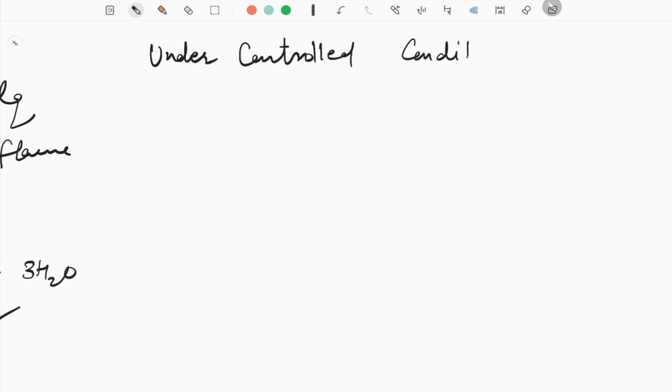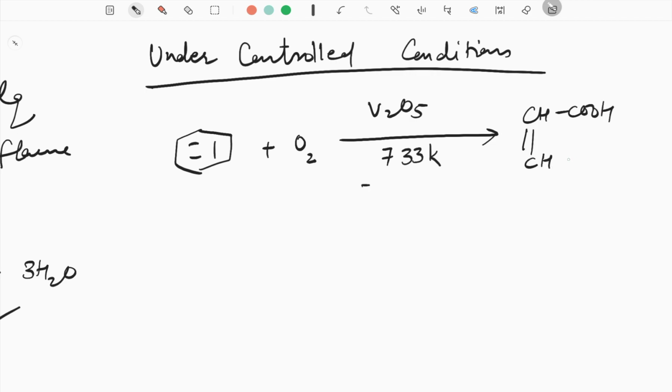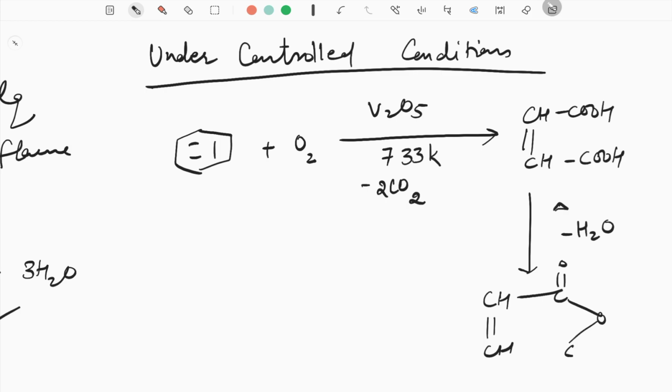Under controlled conditions. So when benzene or aromatic compounds react with oxygen in controlled conditions, like in the presence of a catalyst at a particular temperature, it gives maleic acid, minus 2 CO2 is released, and also on heating again it releases a water molecule to give maleic anhydride.